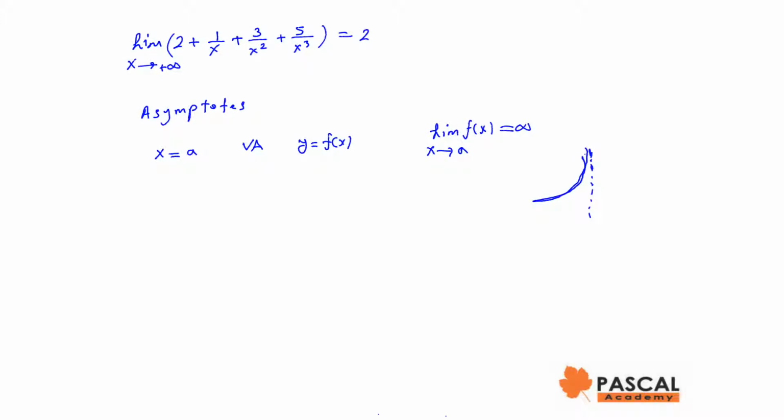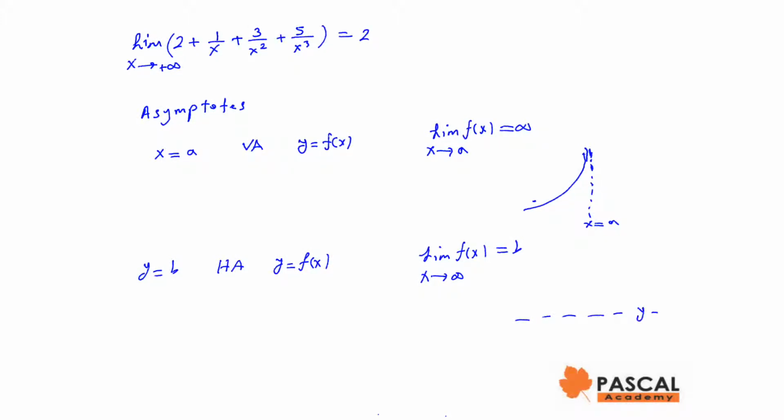The graph of the function and the asymptote, the vertical line, are getting closer and closer. y equals b is called horizontal asymptote of the graph of y equals f of x if limit of f of x as x approaches infinity equals b. It could be positive or negative infinity.